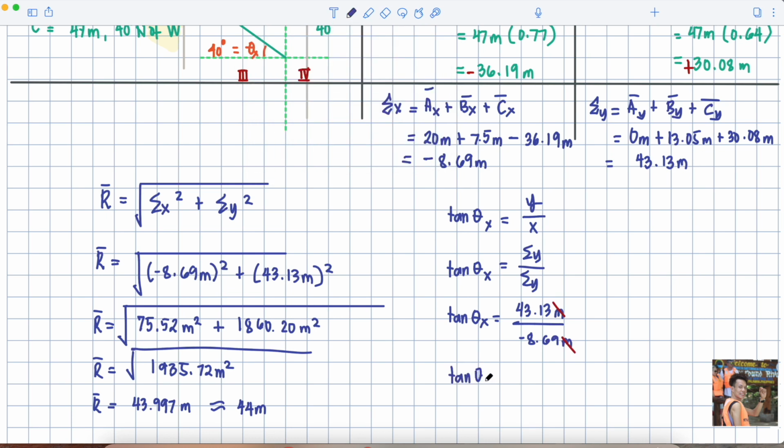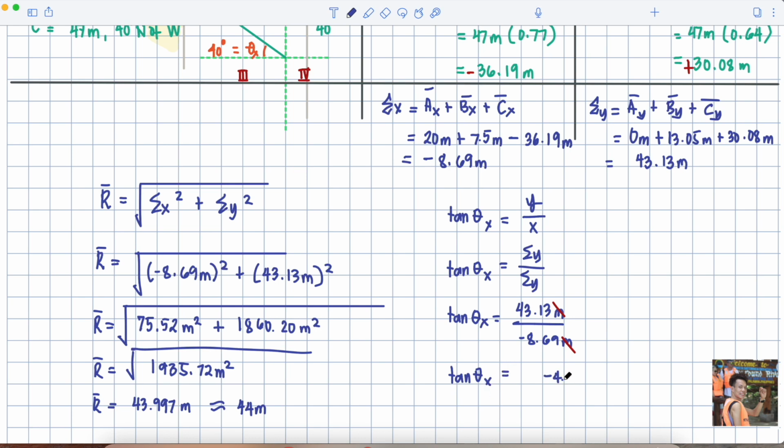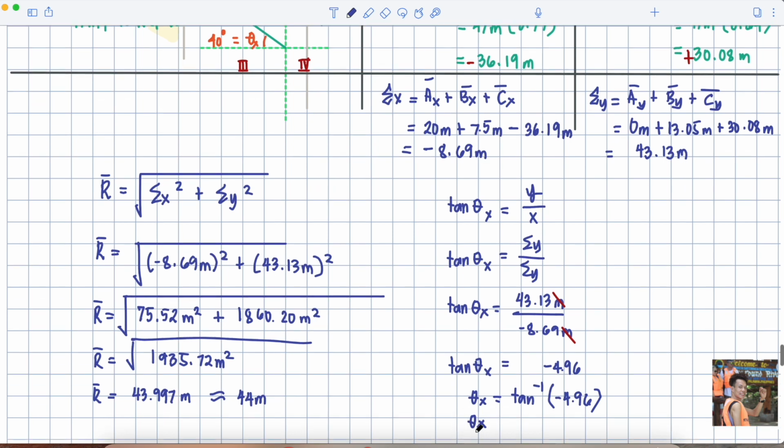Tangent theta x is equal to negative 4.96. Theta x now is equal to the arctangent of negative 4.96, and theta x is equal to negative 78.60 degrees.